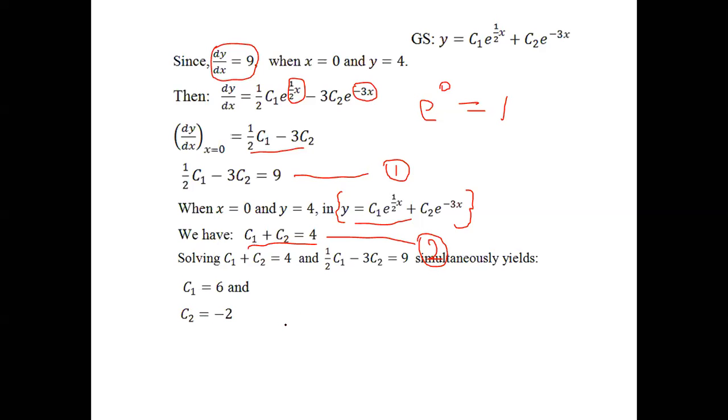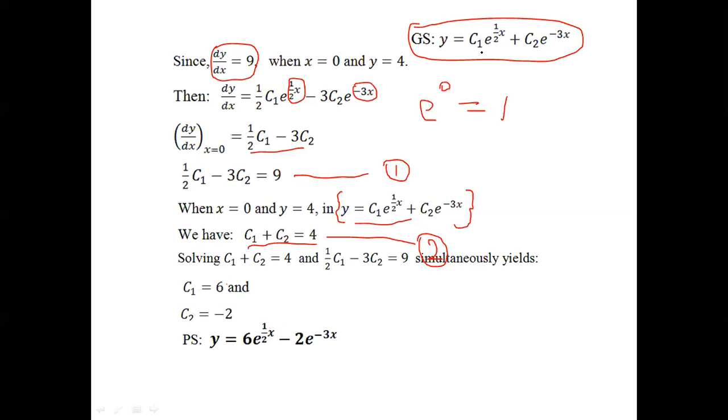So this is not the final answer. We still need to generate our particular solution. So for the particular solution now, we get back to our general solution and plug in the values of c1 and c2.